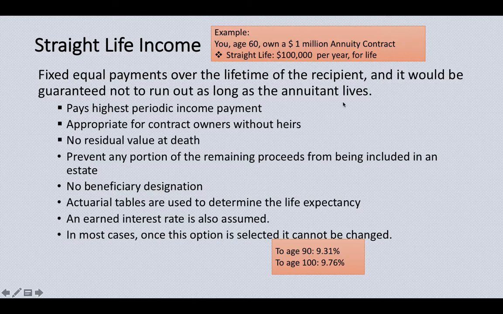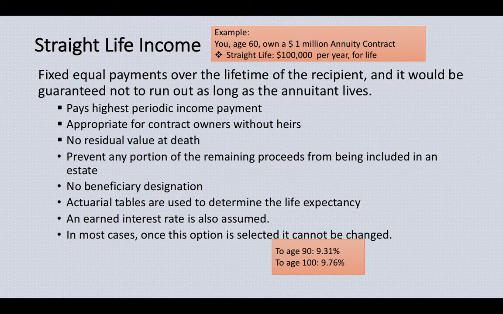However, if you live short, say this year you're age 60, you take the payment this year, and a year later you die, then you only get $100,000. You die, then nothing left. So that's the loss to you.